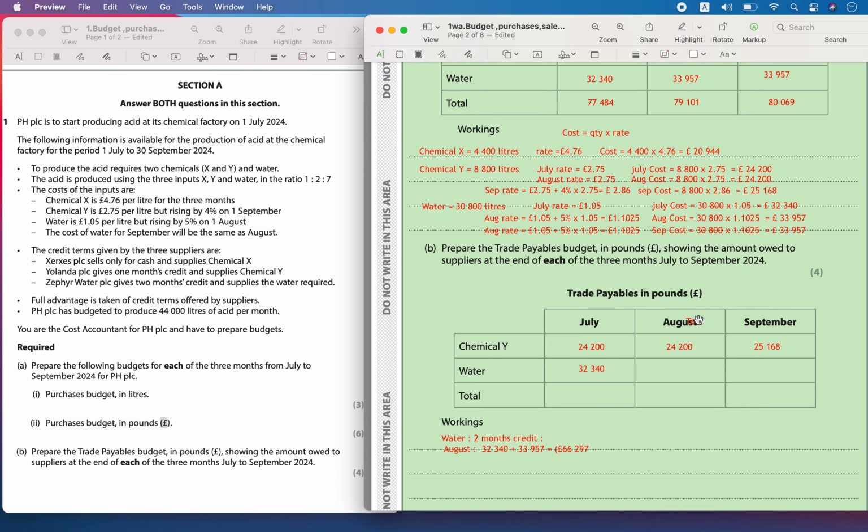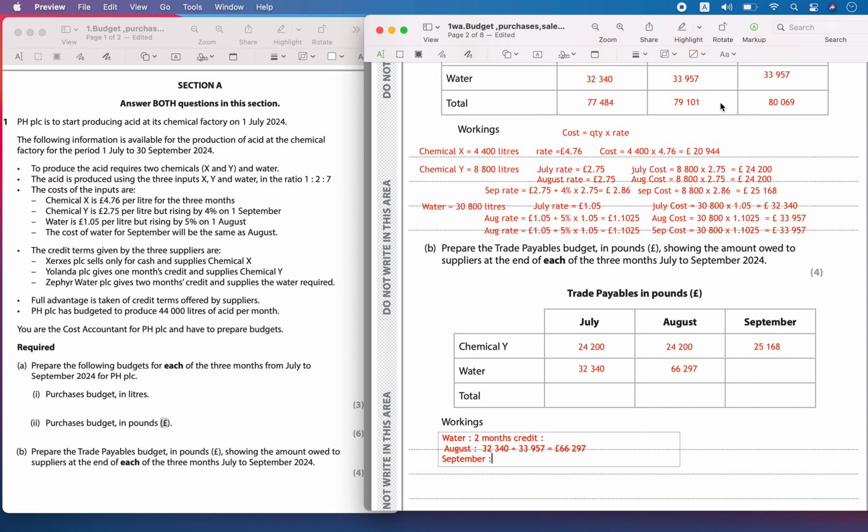So let's write here. That is equal to 66,297. I can still owe them. Then for the September month, 2 months credit.